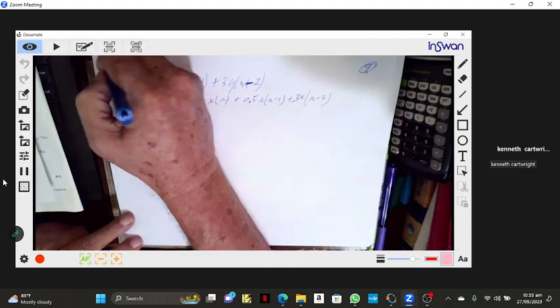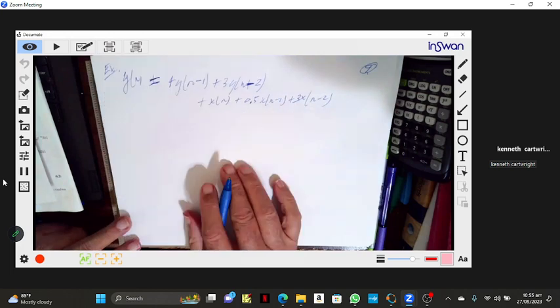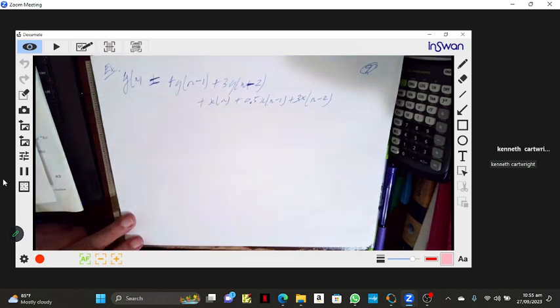All right, let's find the transfer function for this filter.